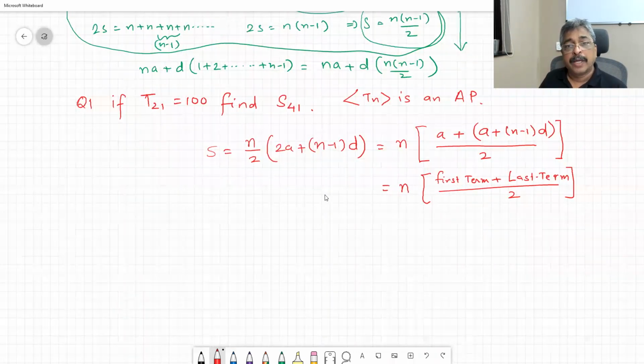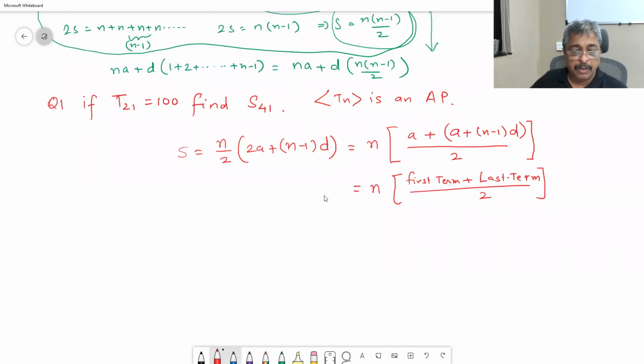Now, arithmetic progression looks like points equidistant. Now I have put 11 points. The distance between these two points is the same, these two points, same.